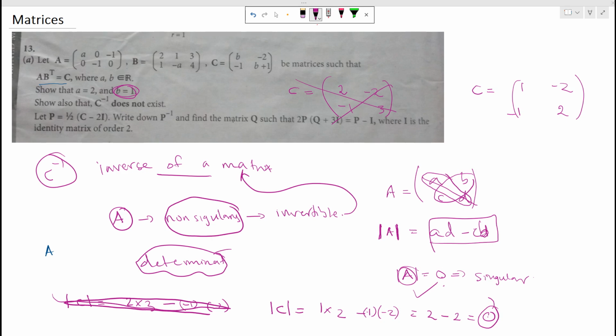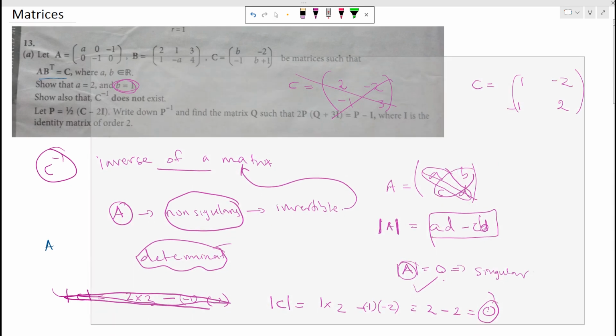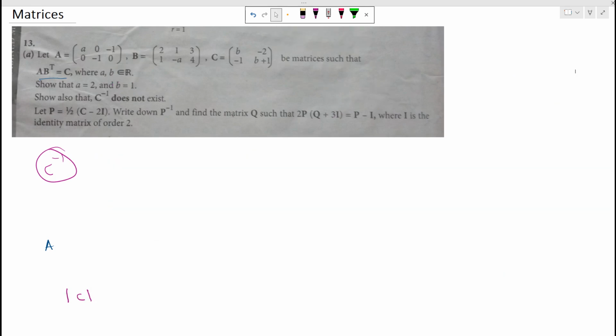Now we will go for the latter part of this question. Okay, so they are telling, let P is equal to half times C minus 2I.